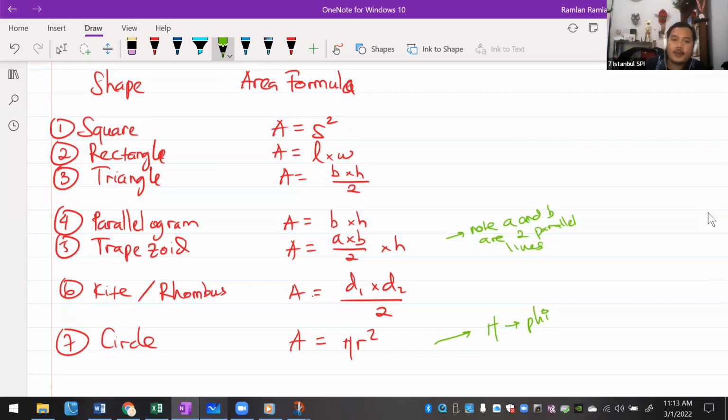Okay, so that's the theory for the area. Any question, guys? No question? Okay, now please take your exercise book. We're going to have some exercise. Take your exercise book.